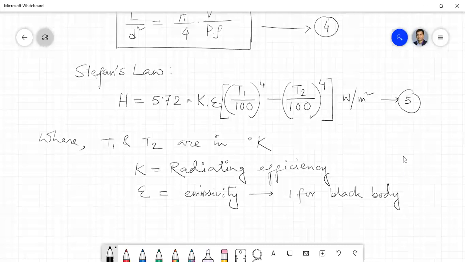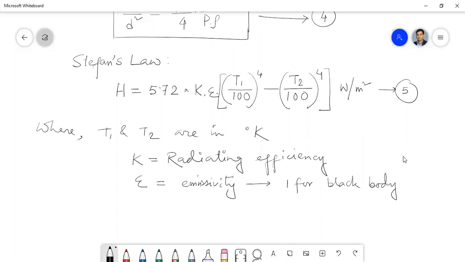Now this is the heat dissipation, or better to say heat radiation, from the surface of the heating element. Now the surface of the heating element we can compute.